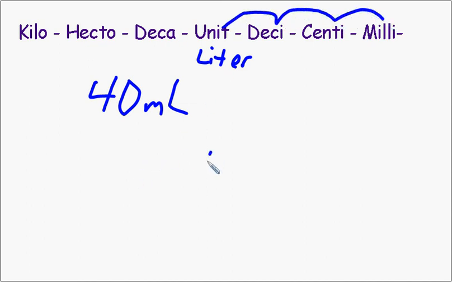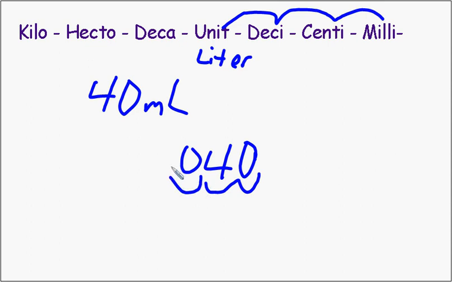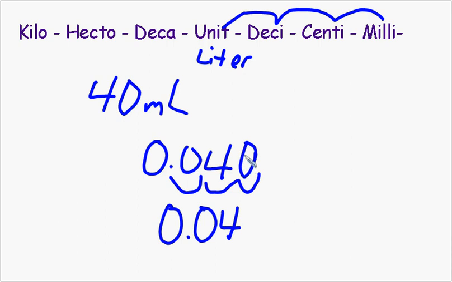So I'd write my 40 out. The decimal's here. So 1, 2, I have to add a 0. 3. Now it's proper to write a 0 in the ones place, and I don't need this one here, so it would be 4 hundredths of a liter. Let me rewrite that. Remember this 0 here is just sort of obsolete. 4 hundredths of a liter. 40 milliliters equals 4 hundredths of a liter.